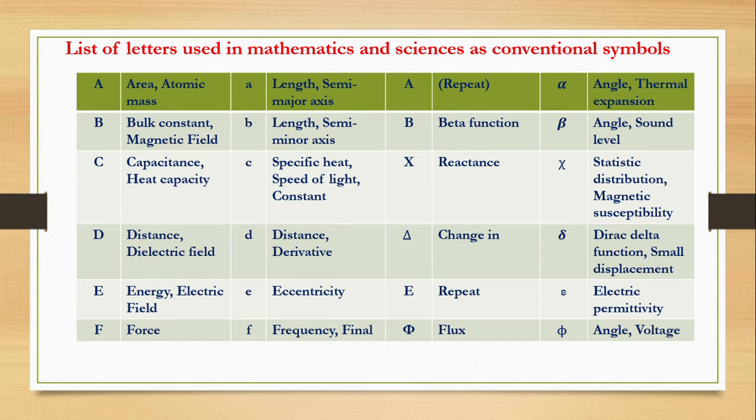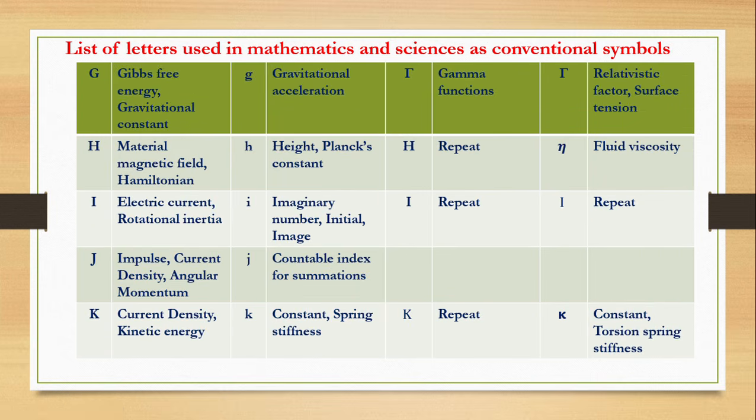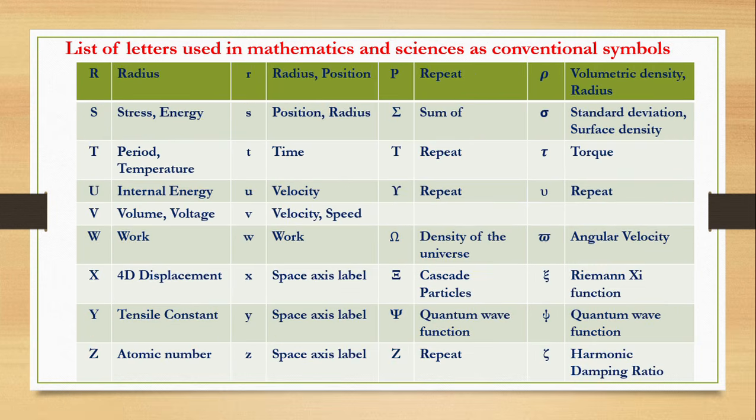Napakadami nito mula A to Z, di ba? So pag chinek natin yan, ayan yung mga ibig sabihin nila, di ba? Specific heat, distance, eccentricity, frequency, or final, di ba? Yan mga yan, no? Dami nila, di ba? So kumbaga pinakita lang sa inyo na halos lahat ng alphabetical letters ginagamit for the conventional symbols.